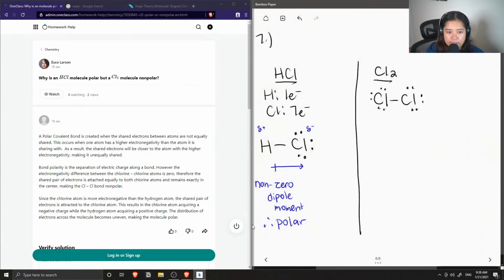And the reason why is because these chlorine atoms have the exact same electronegativity, so they're going to cancel each other out. So we can say that we have no dipole moment because they cancel each other out. So therefore Cl2 is nonpolar.